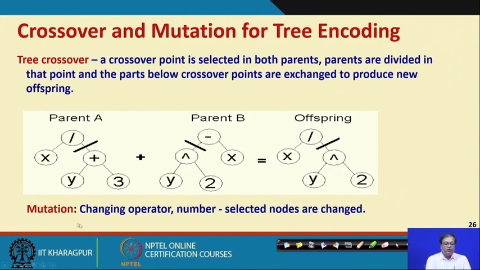And look how the crossover is done. If we have two parents, this is a crossover point for parent A and parent B. This portion gets replaced by this. We get a new offspring where earlier it was x into divide x and divided by y plus 3, here it will become x divided by y square.